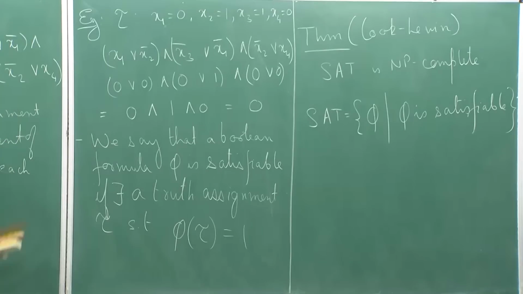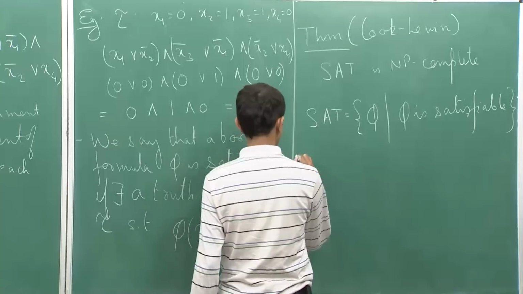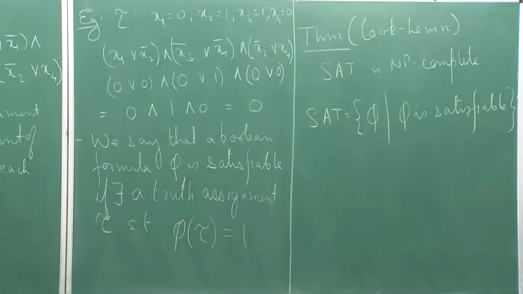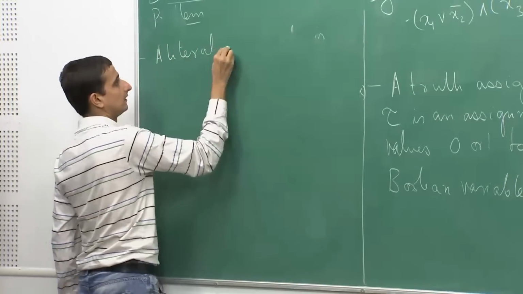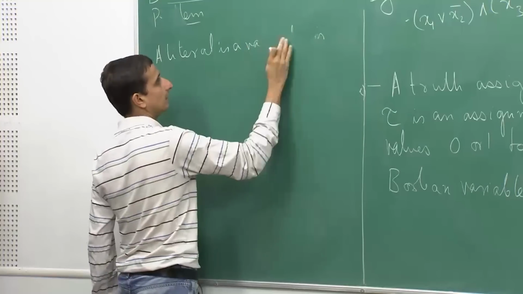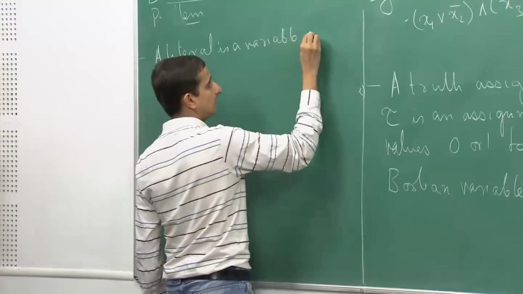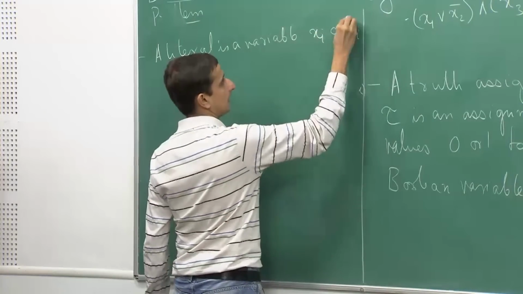We can define a few more things, we can define another language as well. A literal is a variable xi or xi bar.